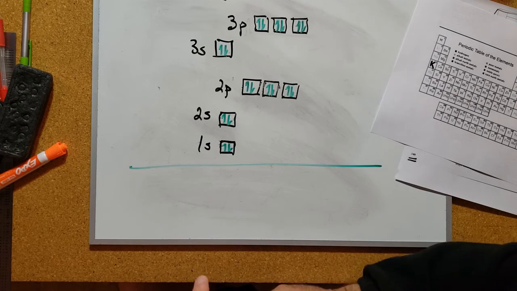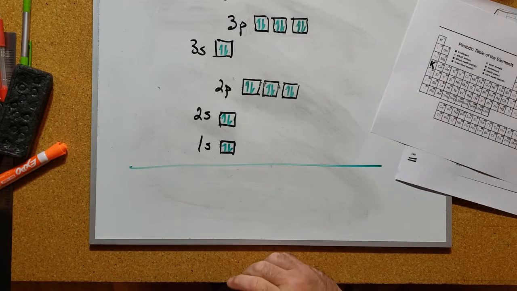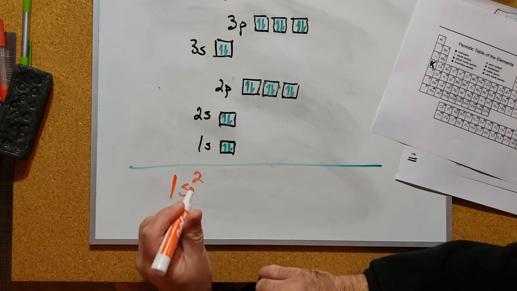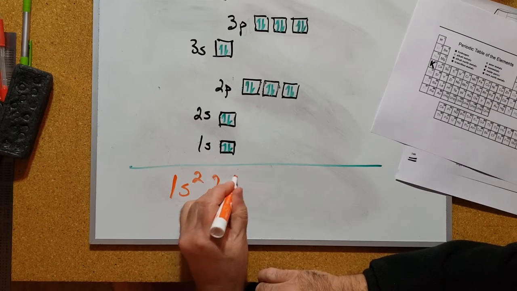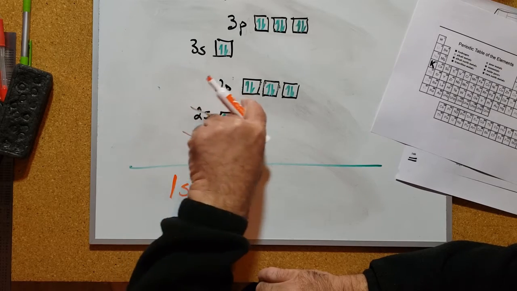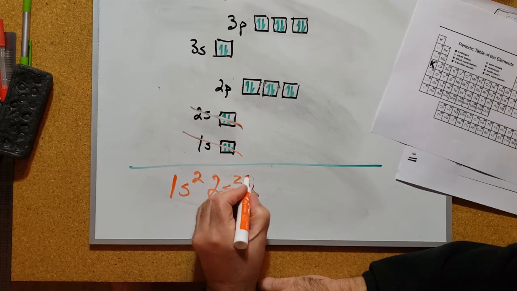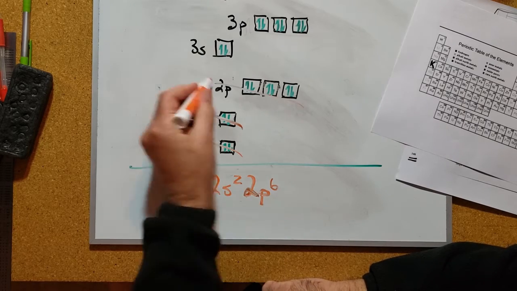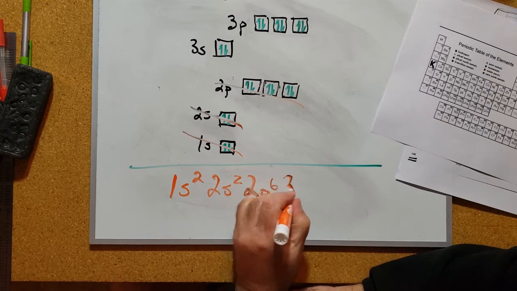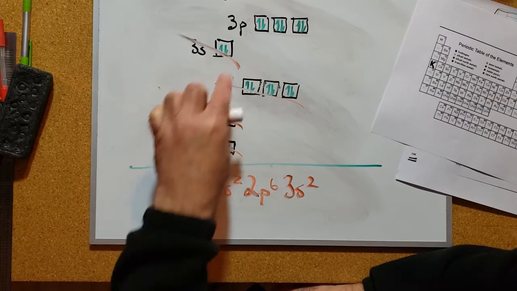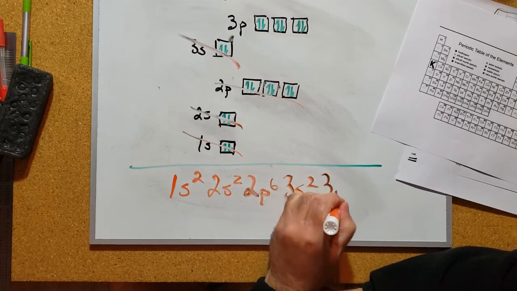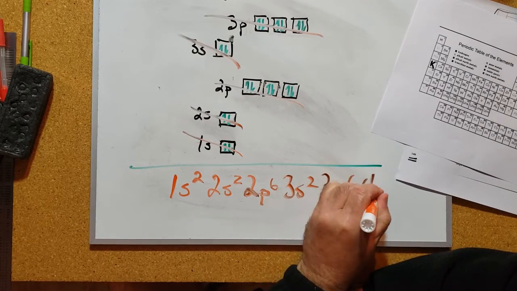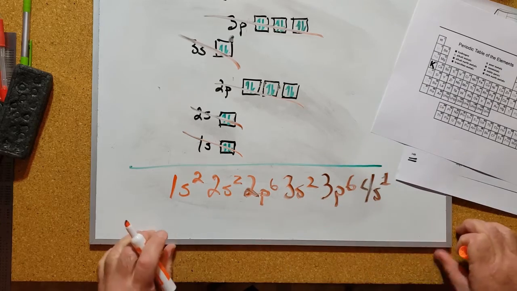Now, if I wanted to write this in a more condensed way, I would write this out starting with the 1s2, and then 2s2, that takes that off, and then 2p6, that's got 6 electrons, so that's gone. 3s2, that's gone. 3p6, that's gone, and then 4s, but that's a 1, 4s1.